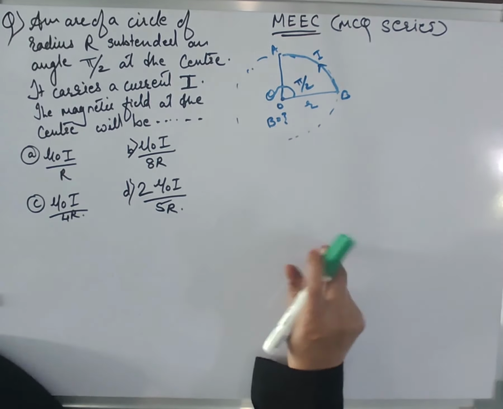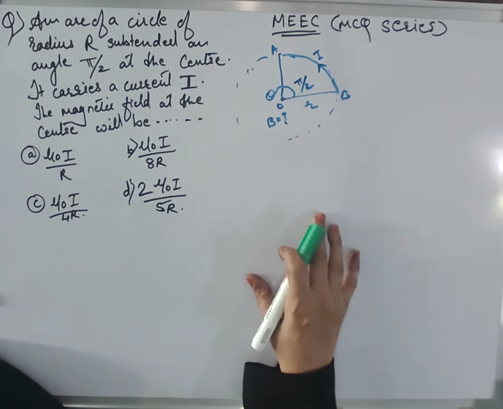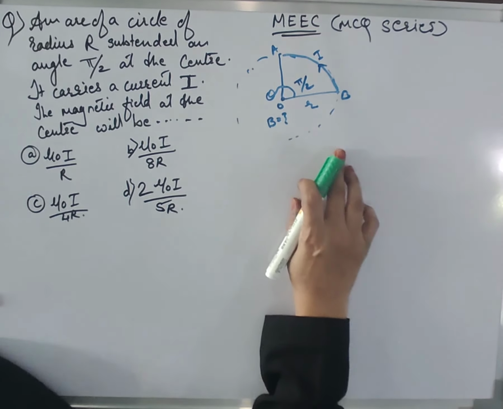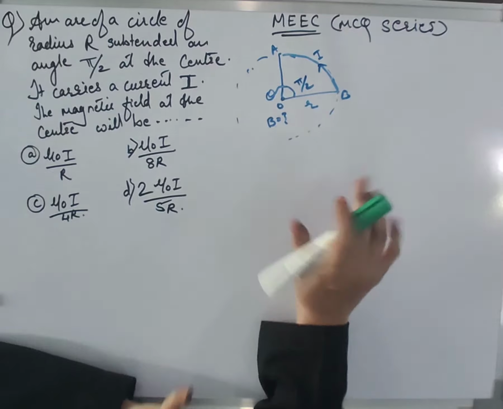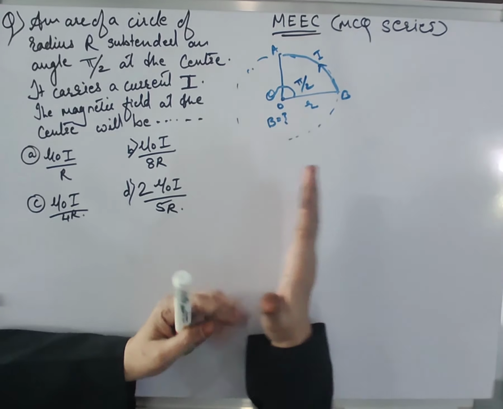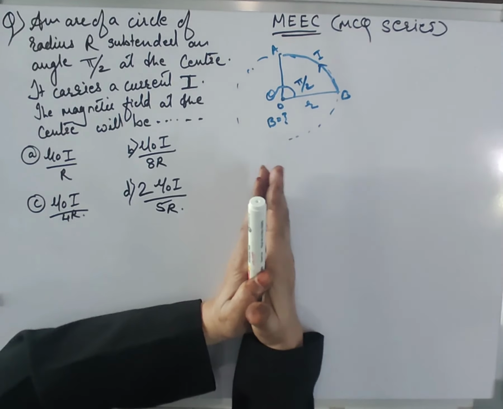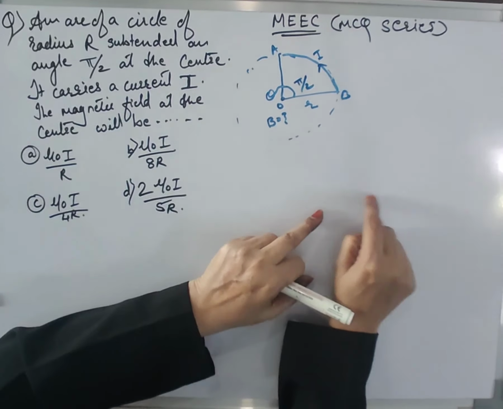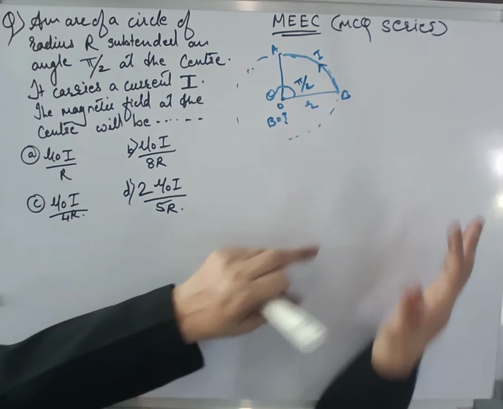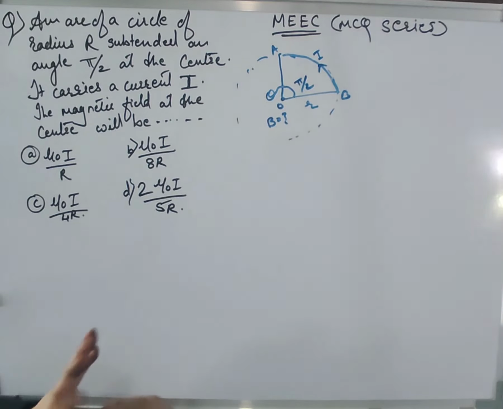Biot-Savart's law is an equation describing the magnetic field generated by a constant electric current. In physics, whenever anything is defined, each and every word of the sentence has its own importance.